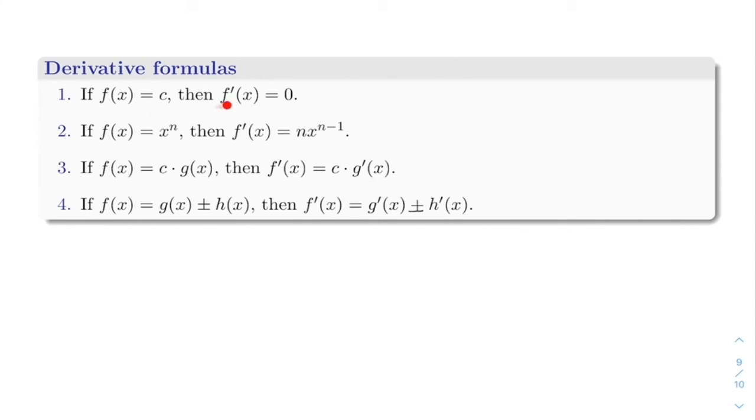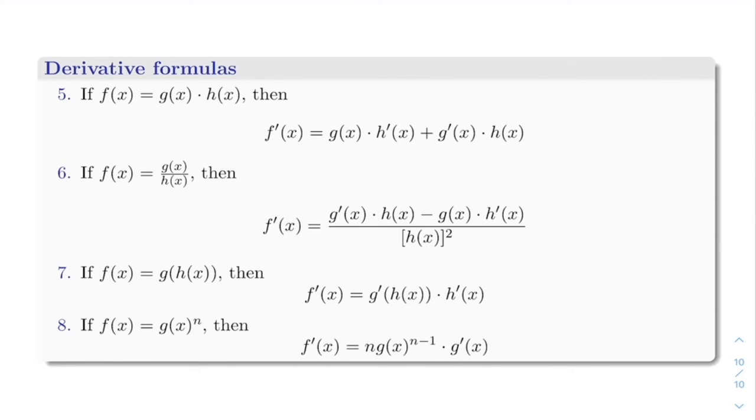The derivative of a constant is equal to 0. The derivative of x to the n is n times x to the n minus 1. If I have a constant multiplying my function, then the constant can be taken out when computing the derivative. And if I have a sum or a difference of functions, then its derivative will be the sum or difference of the derivatives.